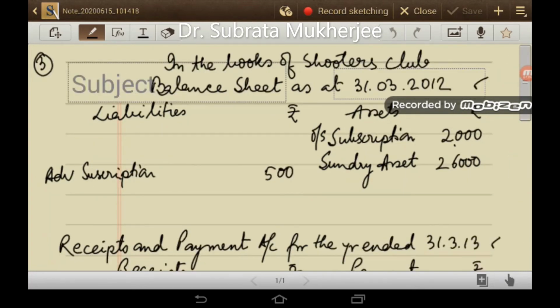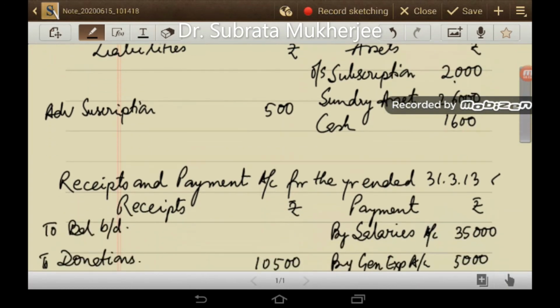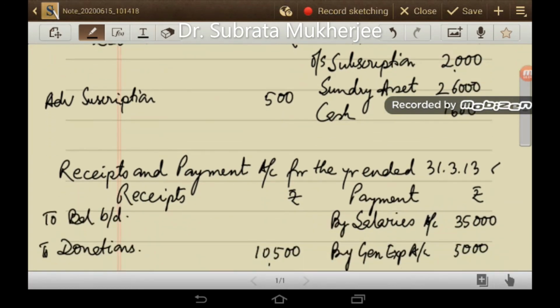Next is the cash balance is rupees 1,600. So cash balance is a part of your asset. So opening cash balance I am writing as 1,600. So this will appear in the receipt and payment account 1,600. So all the adjustment entries I am posting in two places, and the opening capital fund is given 29,100.